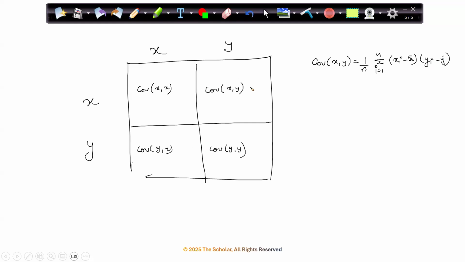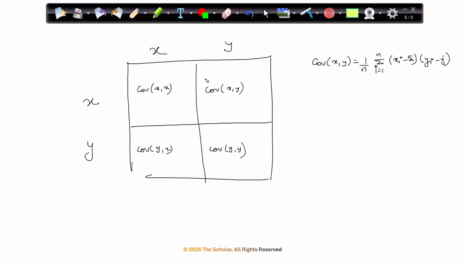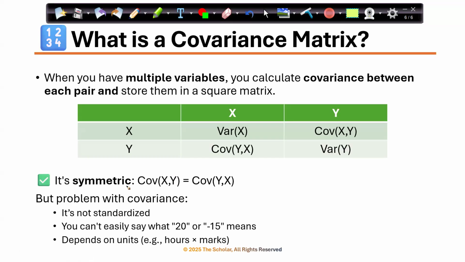Can I say that covariance of X and Y is exactly same as covariance of Y and X, all of you? It's one and the same thing. So my covariance of X and Y is exactly same as covariance of Y and X. You can see here, it's symmetric.